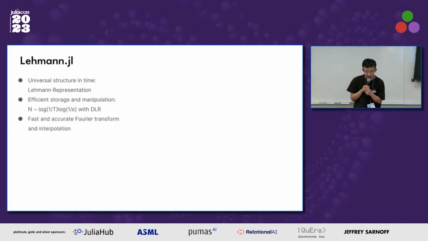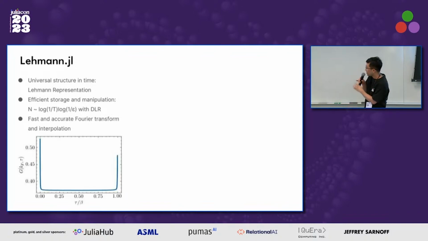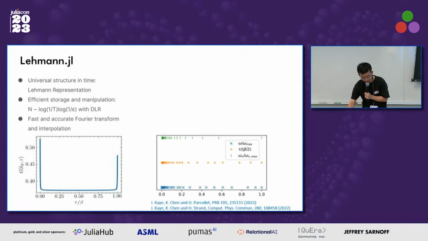The third package is specially developed for Green's function. As one can see in this figure, the Green's function in the imaginary time space typically has very singular behaviors. However, it is proven that one can make use of the universal structure, the so-called Lehmann representation, to identify a discrete set of grid points, which can be used to reconstruct the whole Green's function up to any given accuracy epsilon.